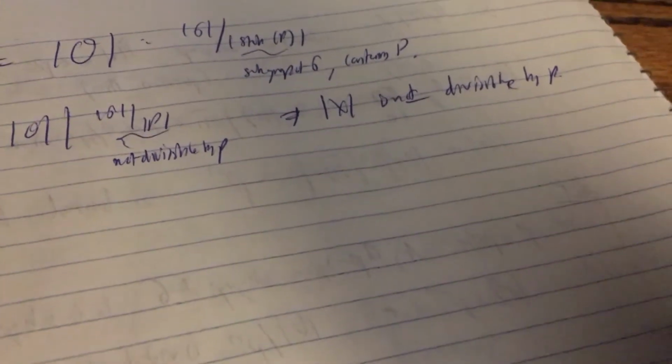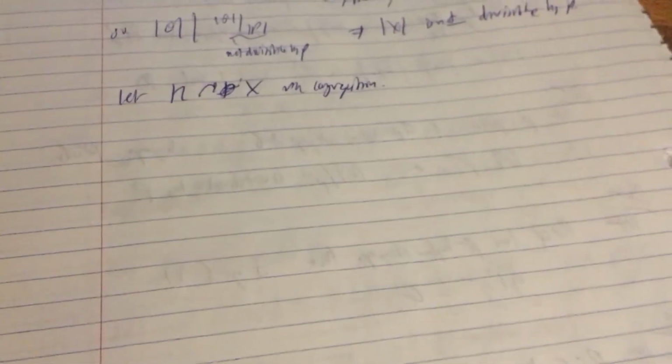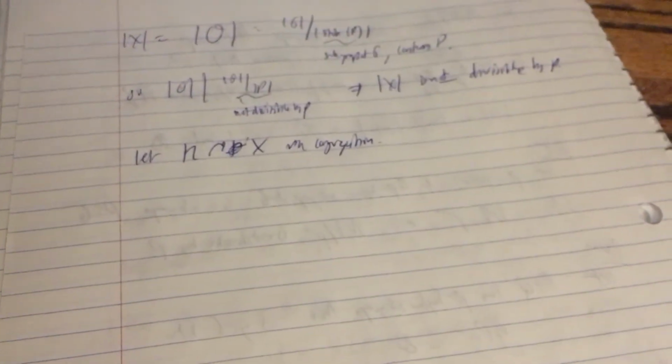Okay, so now we're going to play a similar game to last time where we look at a conjugation action. So now let H act on X by conjugation. We're going to look at some fixed points, that whole game. Now H is a p-group. All of its non-fixed orbits have size powers of p.